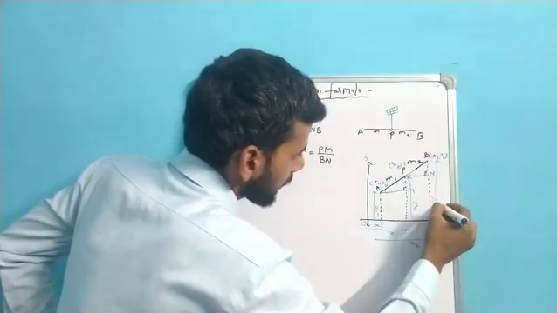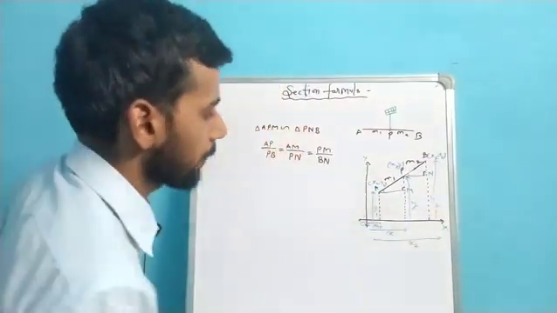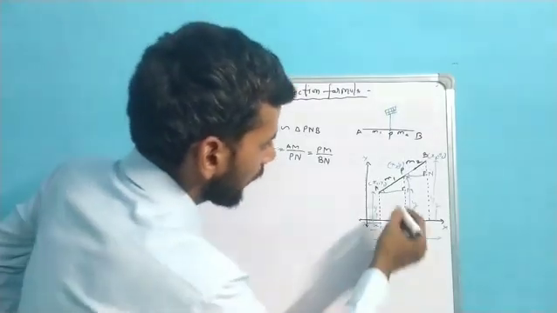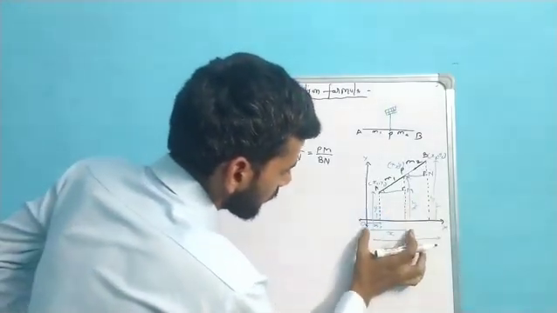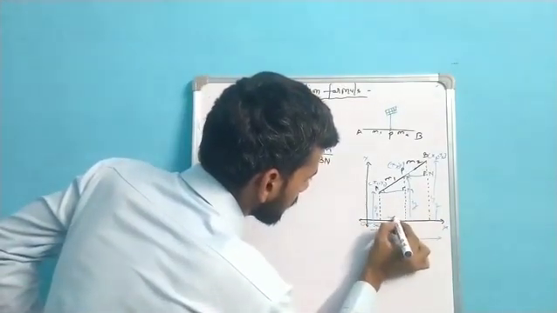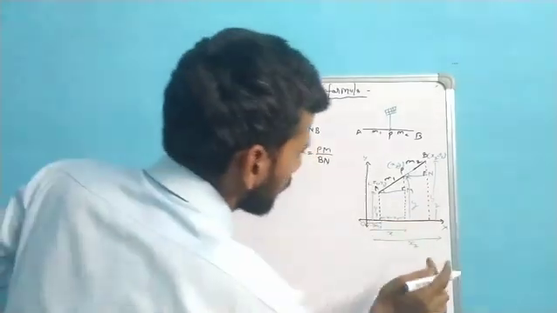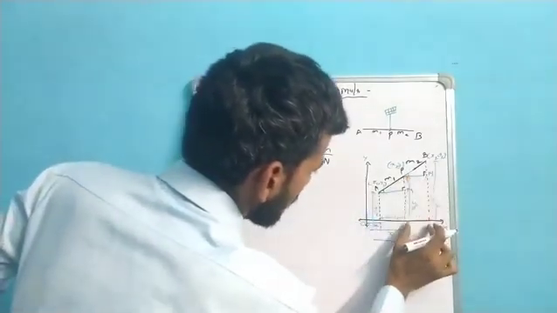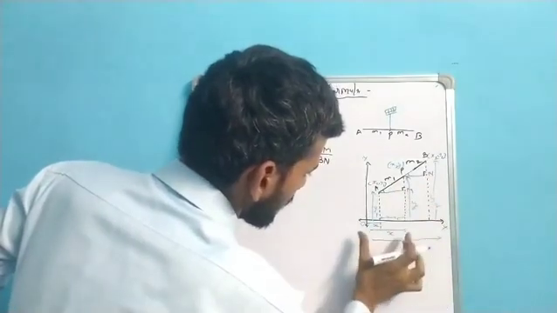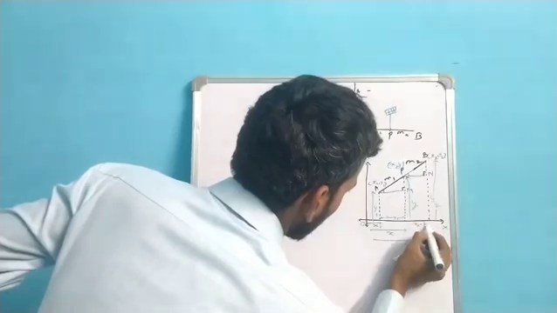This distance is from the x-axis. If we talk about the AM distance, this is x and this is x1, so this distance becomes x minus x1. And the PN distance, this is x2, this is x, so this distance becomes x2 minus x.